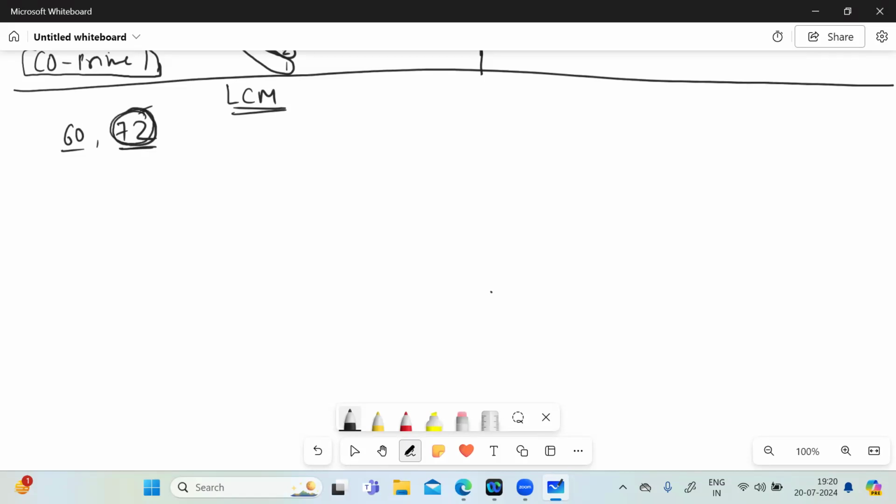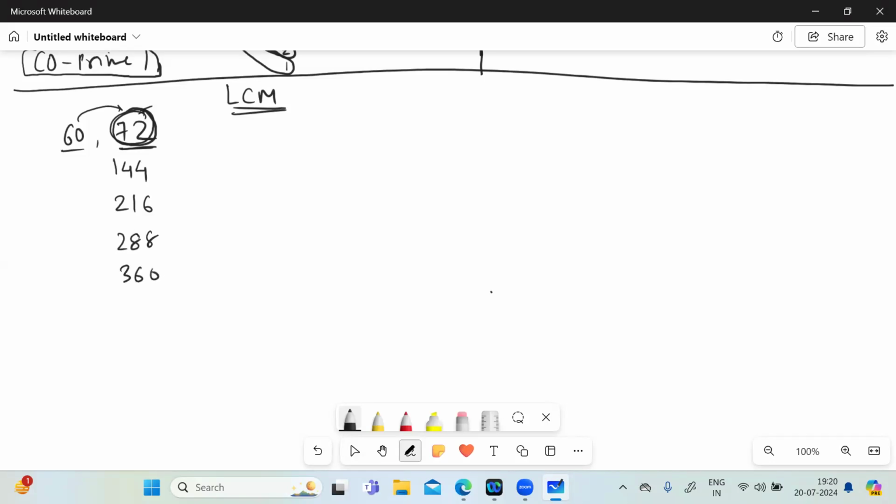Since 72 is not divisible by 60, I'll write the second multiple, then the third multiple, then the fourth multiple, then the fifth multiple.